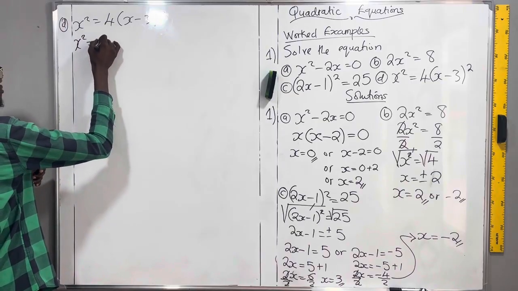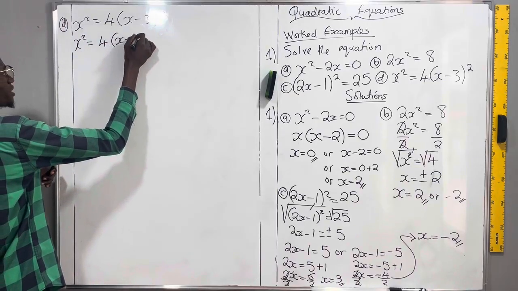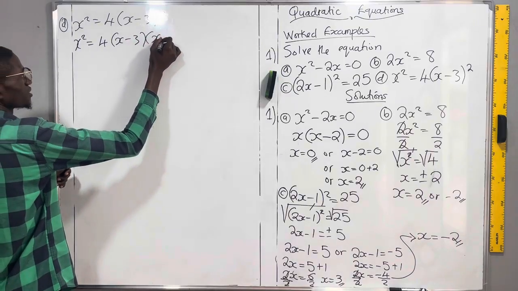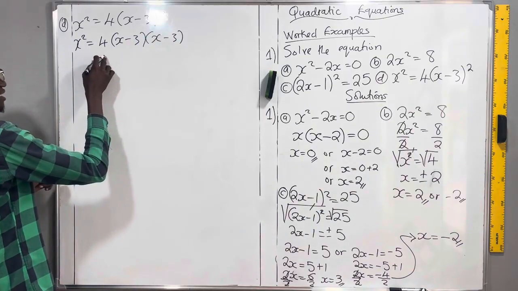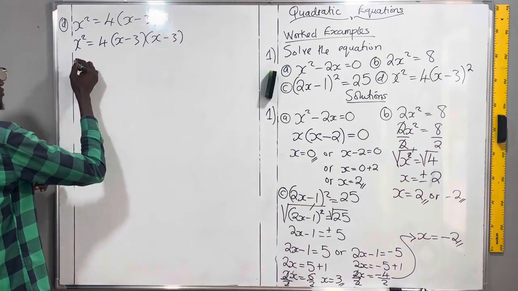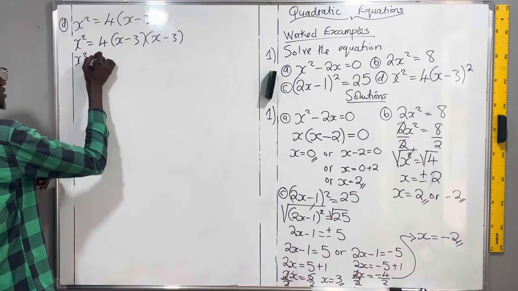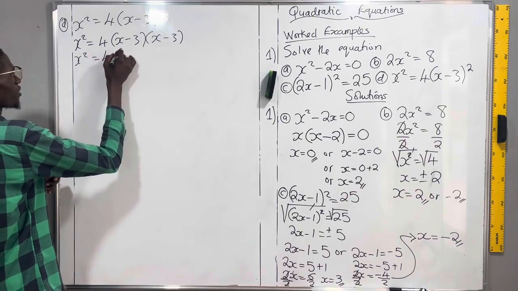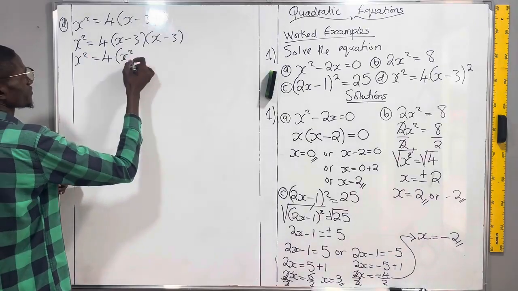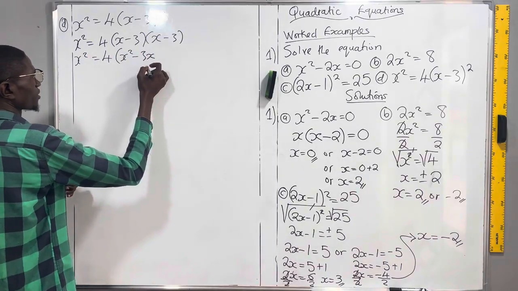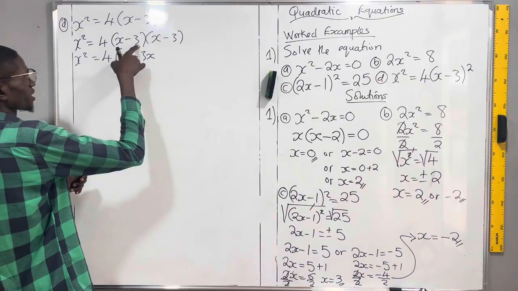x squared is equal to 4 times (x minus 3)(x minus 3). And then we expand this bracket. At the end, whatever we find, we multiply with the 4 outside here. So x squared is equal to 4 in brackets: x times x, x squared. x times negative 3, negative 3x. We come to negative 3.